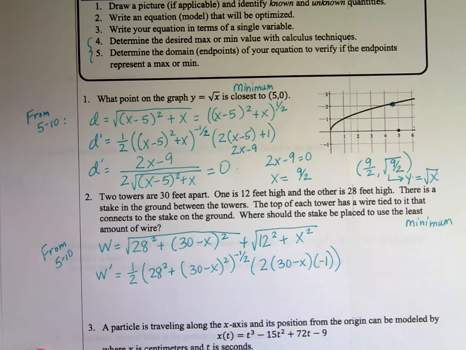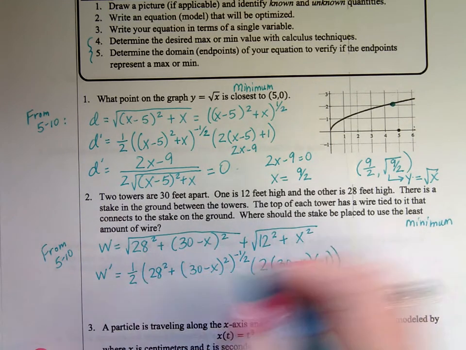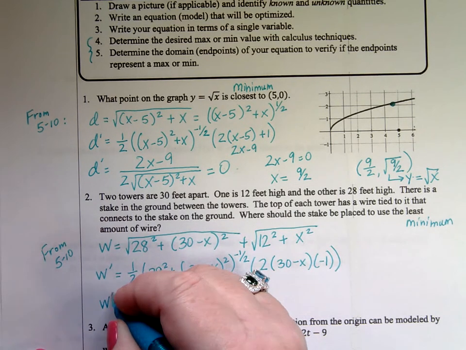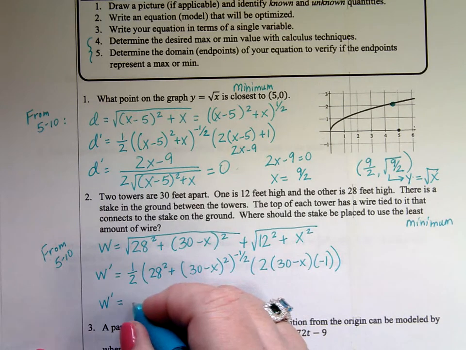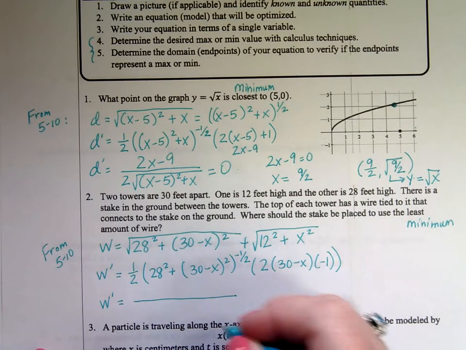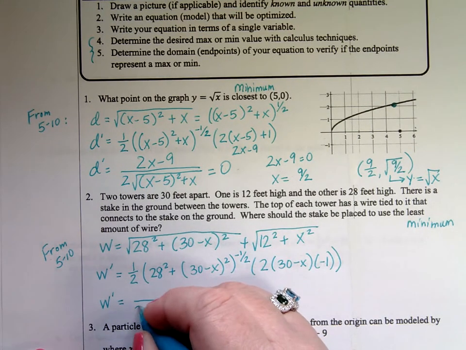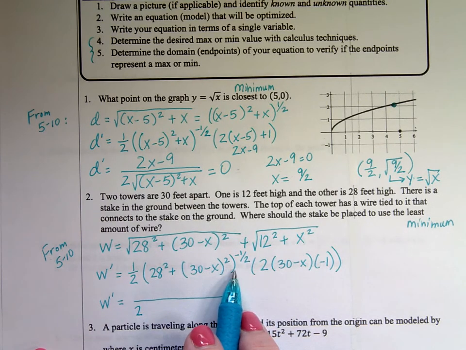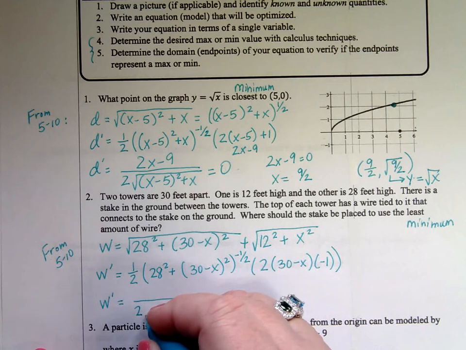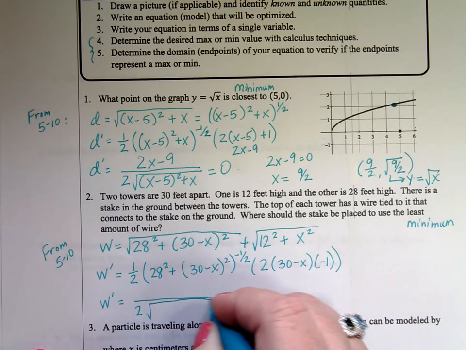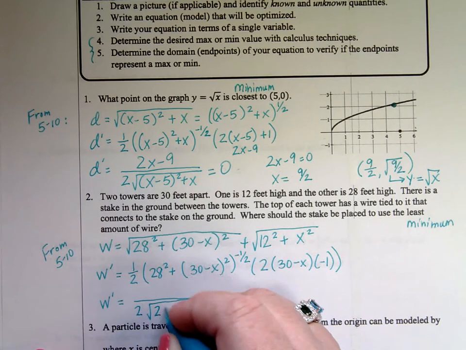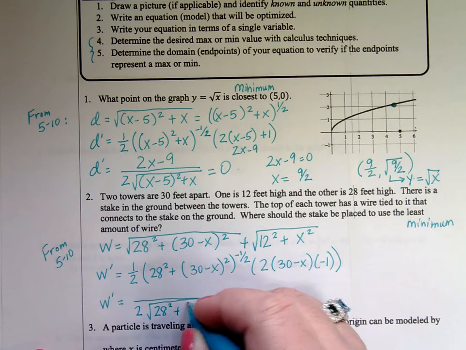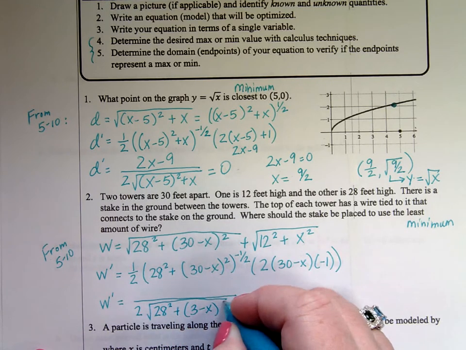Before we get to the second piece, let's see if we can put this one together with where I'm at. So I have a fraction. I know that because I've got a negative exponent. The 1 over 2 gives me a 2 in the beginning. This whole thing is a square root in the denominator. You can write it as a 1/2 power, doesn't matter: 28 squared plus (30 minus x) squared.